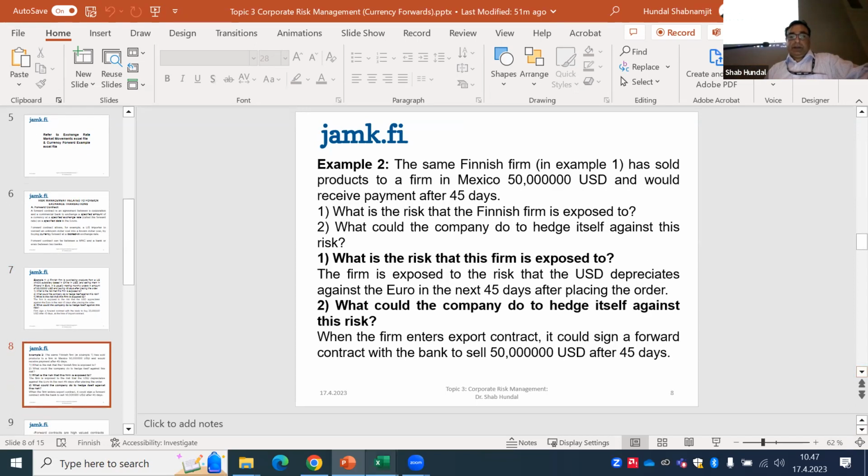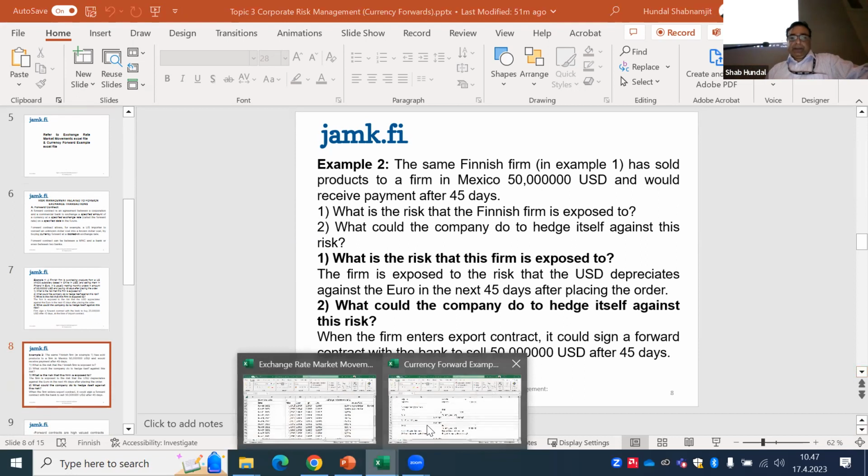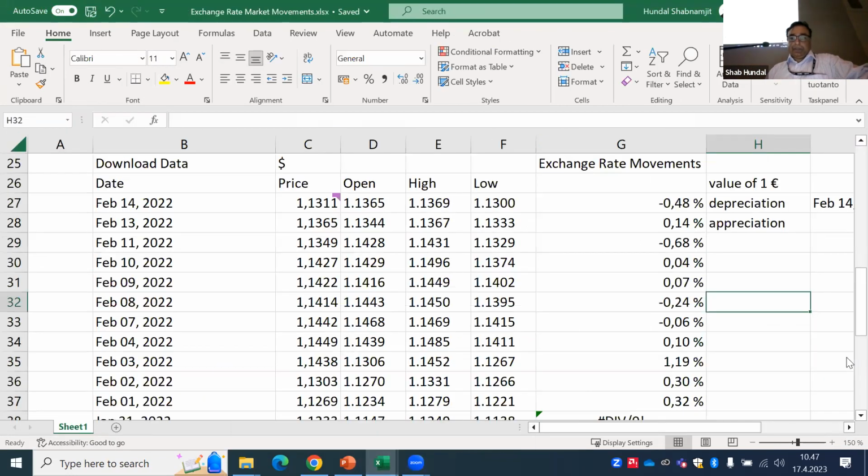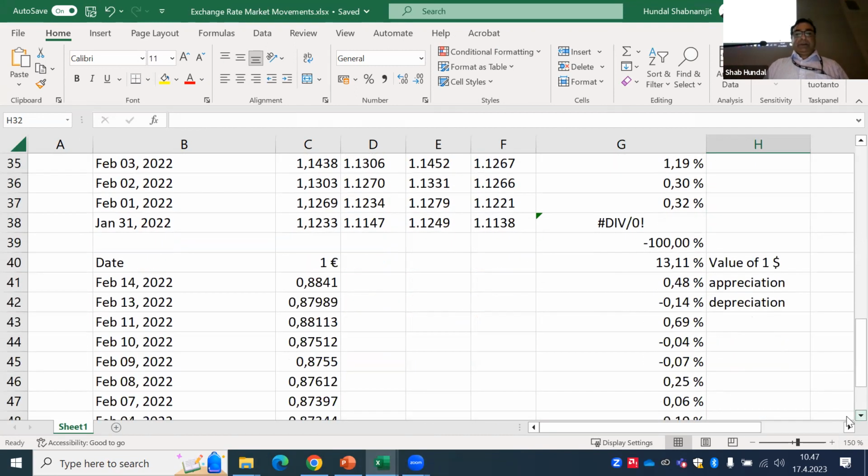Right. I want to show you one thing. Remember, when I started this example, there were some confusions. Have a look at this now.